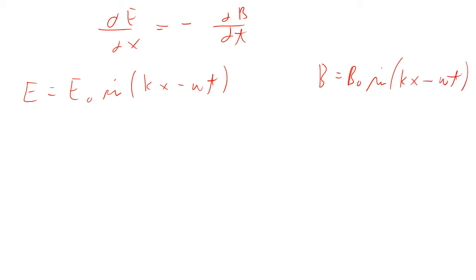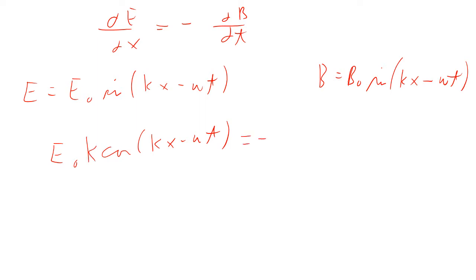So take a derivative of E with respect to x, then that's going to be E naught. The derivative of the sine is the cosine. So cosine kx minus omega t, but we get a k out in front.